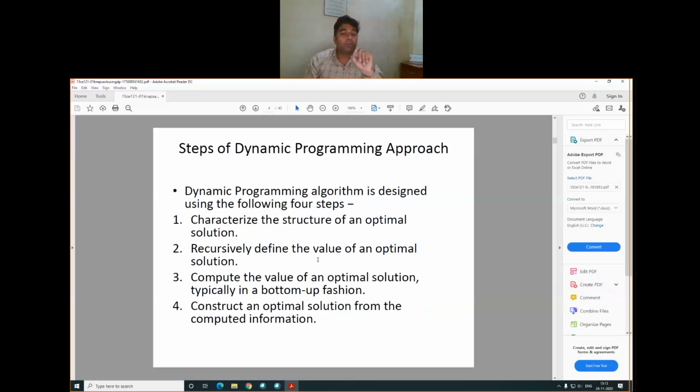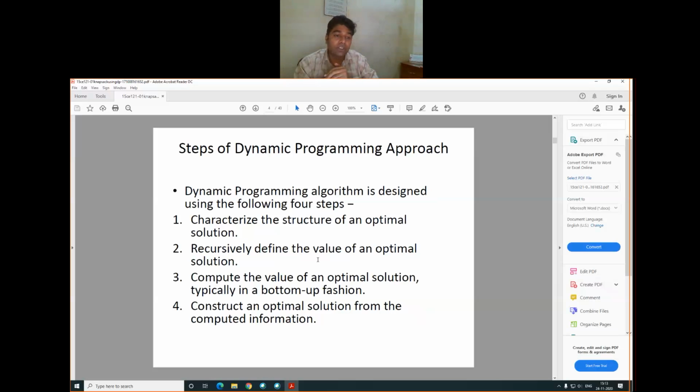The dynamic programming algorithm is designed using the following four steps. Very first, characterize the structure of an optimal solution; we have to map this problem into optimal sub-solutions. Then recursively define the value of an optimal solution.